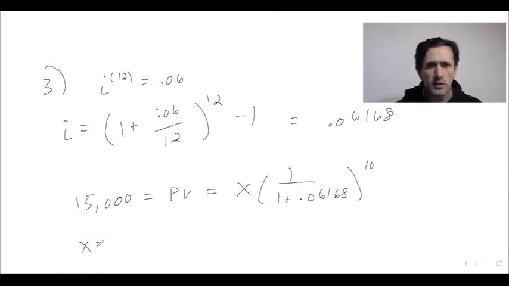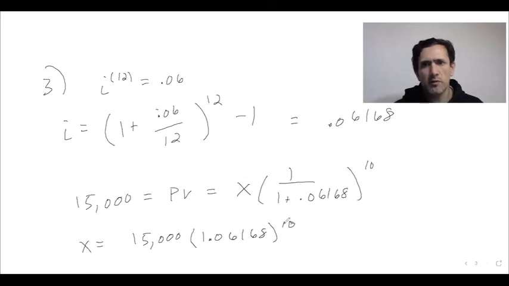So X here is just 15,000 times 1.06168 to the 10th. And as a sanity check, this makes perfect sense.